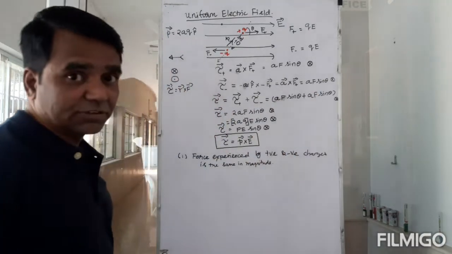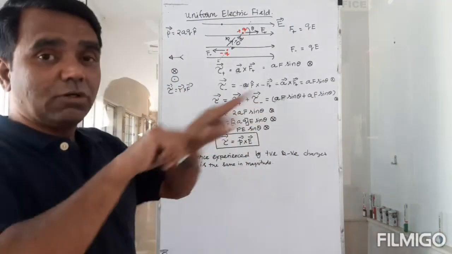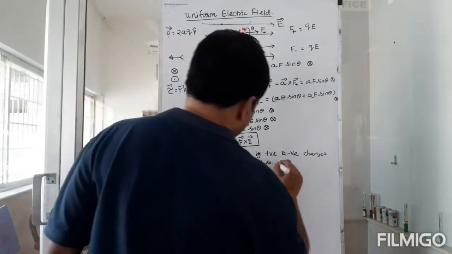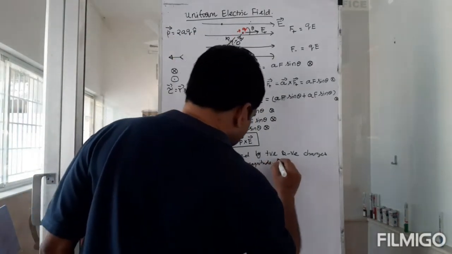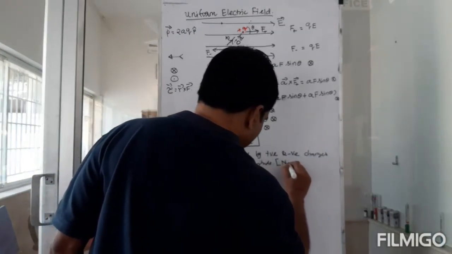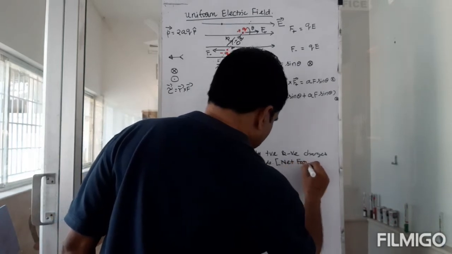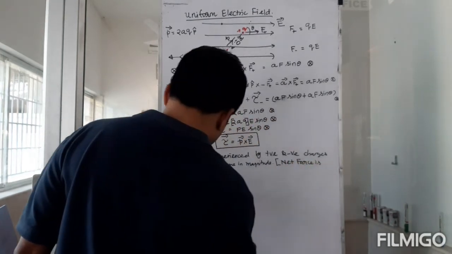The directions are always opposite. So the net force is 0. So the net force is always 0.